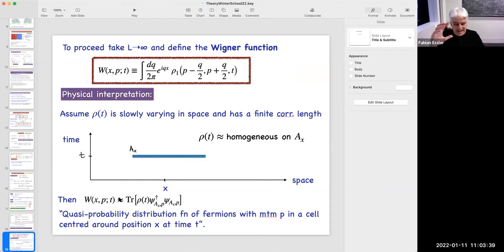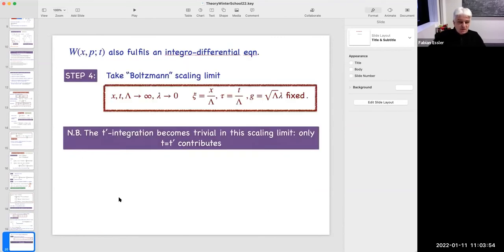So was that comprehensible, or are there questions about what this Wigner function is? Okay, so nobody asked questions, so then let me carry on. This we will come back to later.